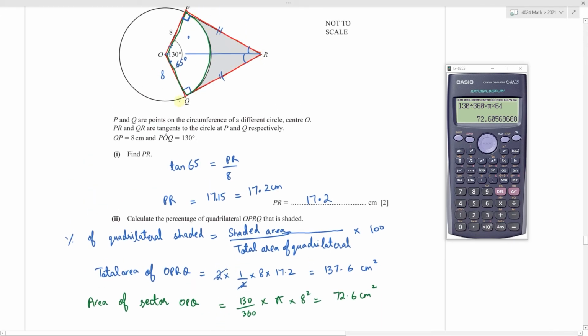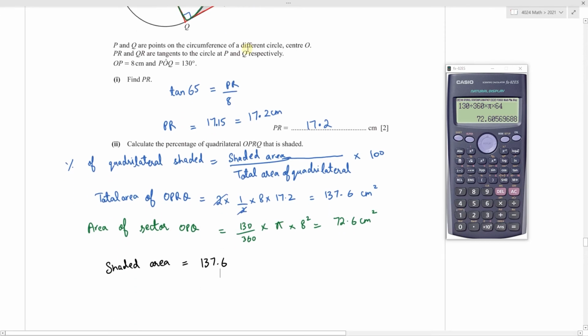So this is the total area minus the area of this sector, which will give me the remaining area, which is shaded. So 137.6 minus 72.6, which is 65 centimeters squared.